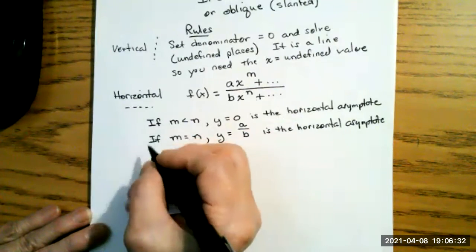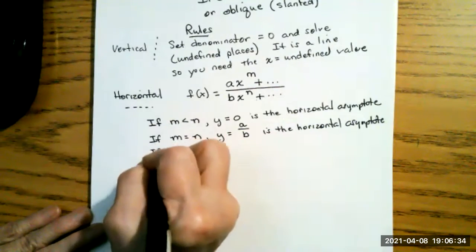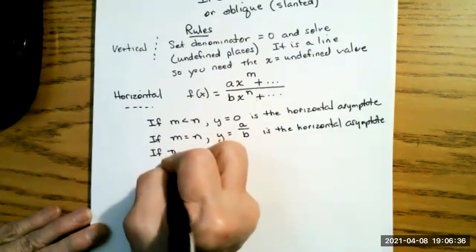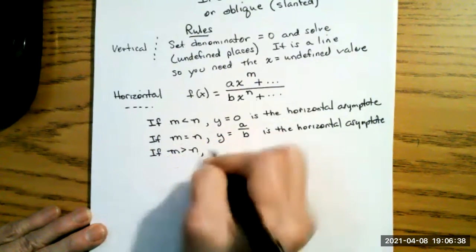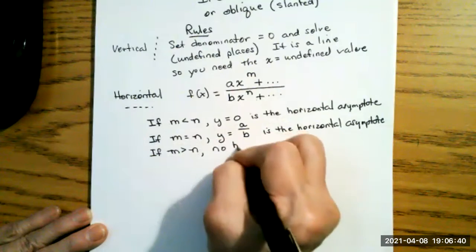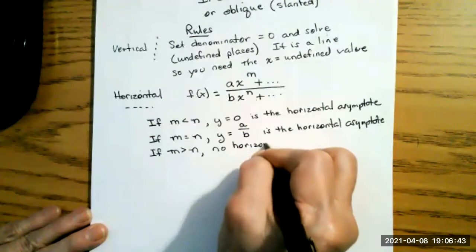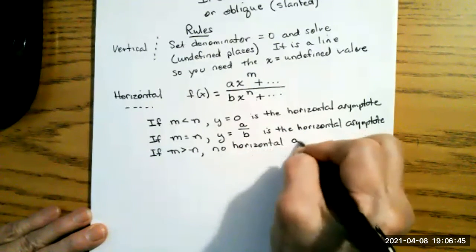You use the coefficients. If m is greater than n, there is no horizontal asymptote.